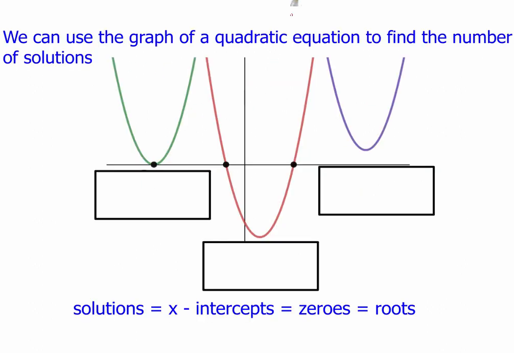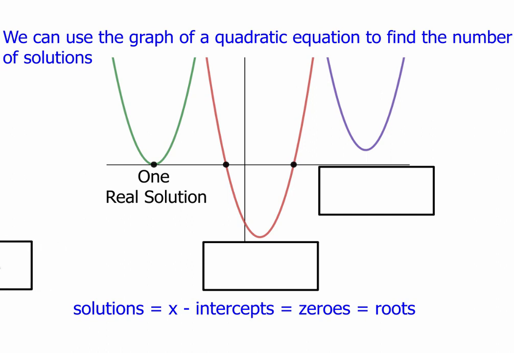Some other things we can do is use the graph of a quadratic to find the number of solutions, remembering that solutions, x-intercepts, zeros, and roots are all the same thing. We have three possible options for the number of solutions. We can have exactly one real solution, where there is one x-intercept and the graph touches the x-axis exactly one time.